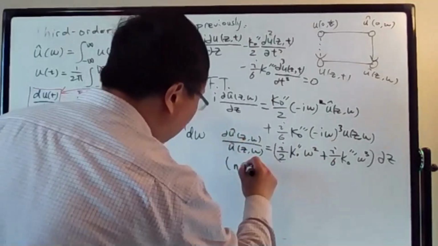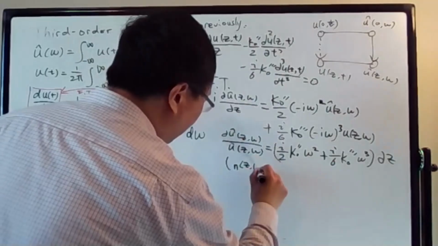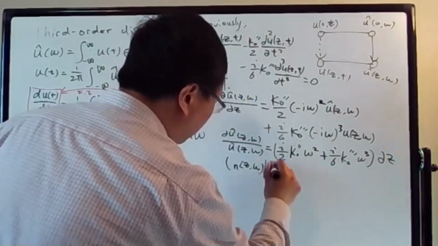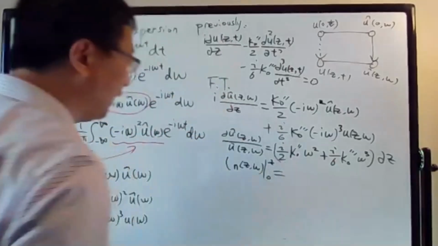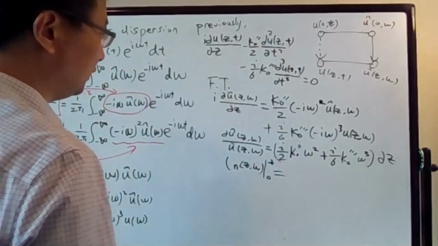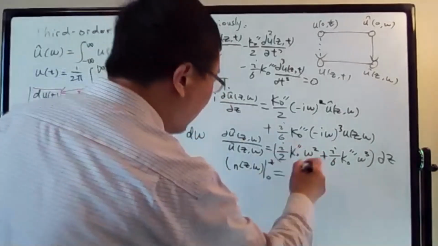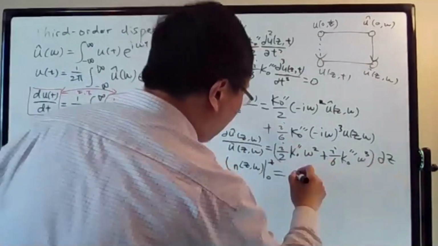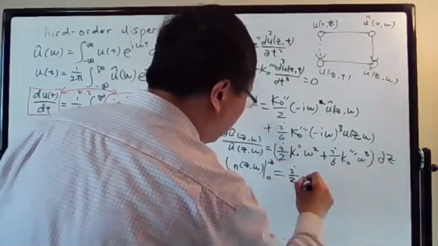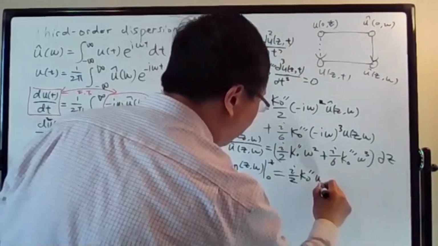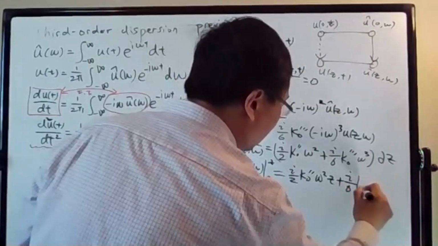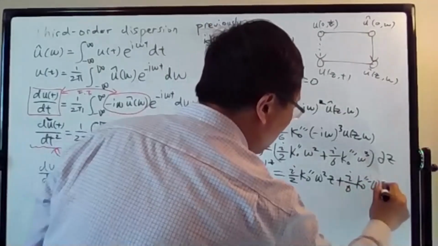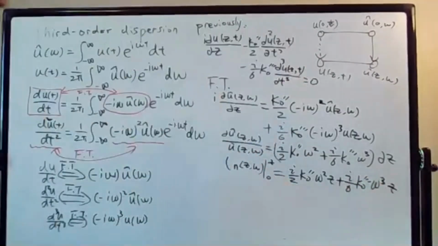So it's natural log, then it's z omega integrated from 0 to z. I'm using the same parameter, just for a simple case, right? Okay, on the right-hand side, it's simply z, right? So i/2 k0'' omega squared z plus i/6 k0''' omega cubed z, right?